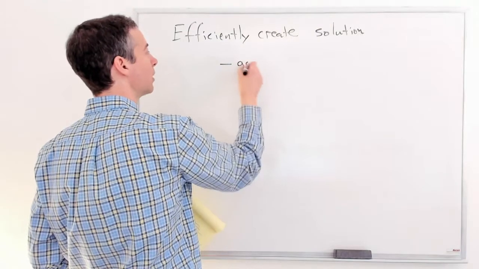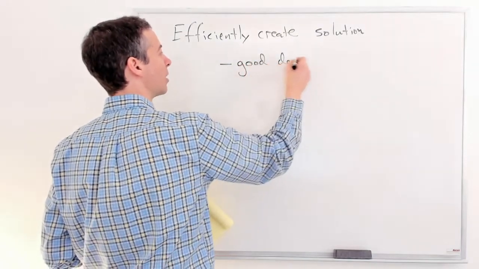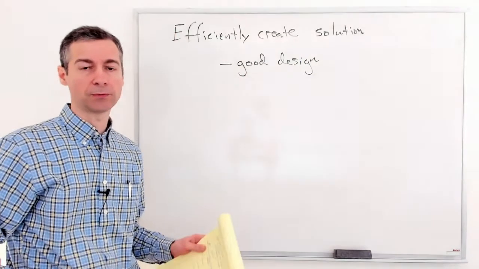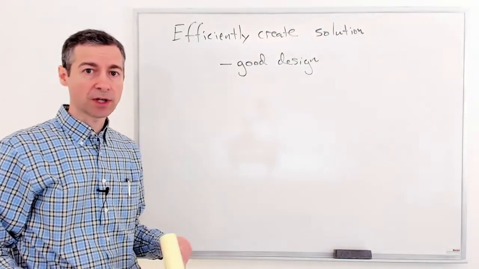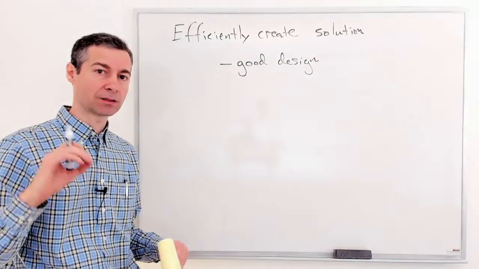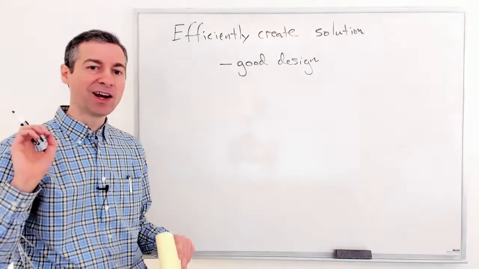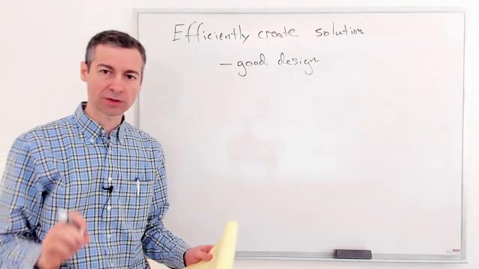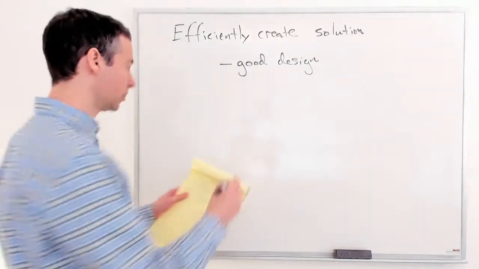You need a good design. Now, most of what we have for creating good software design is not being taught in this course. What we do is teach that in the other courses. But let me give you an example.